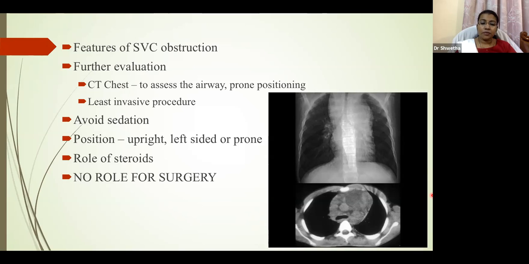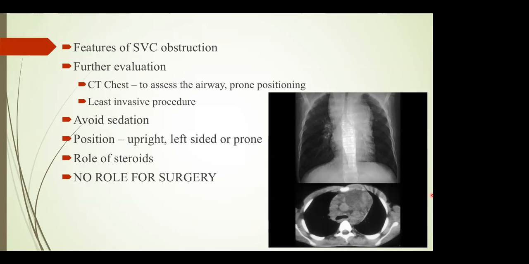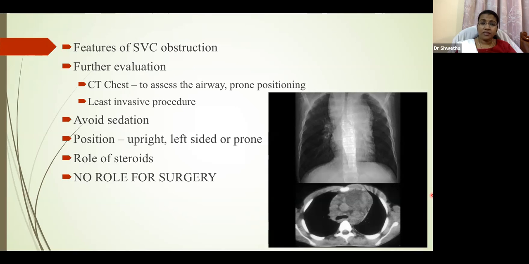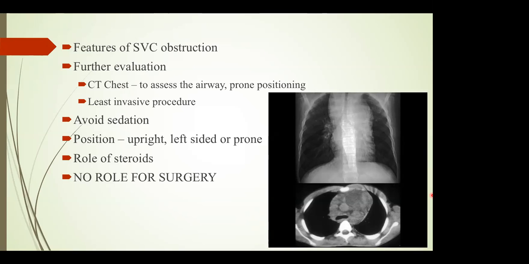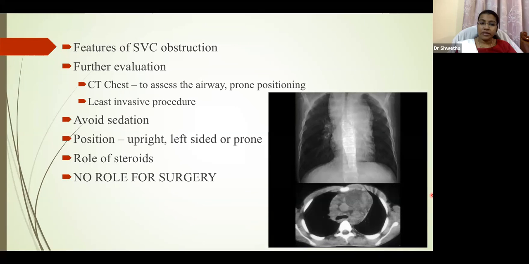But there are instances where a patient will present to you in an extreme state of emergency. You may feel that this patient is not going to make it, that respiratory arrest is imminent, and of course, life comes before diagnosis anyway. So in those cases, there is a role of steroids in these patients. Especially IV steroids, IV dexamethasone is very effective in acting on these mediastinal masses and causing a decrease in the tracheal compression.